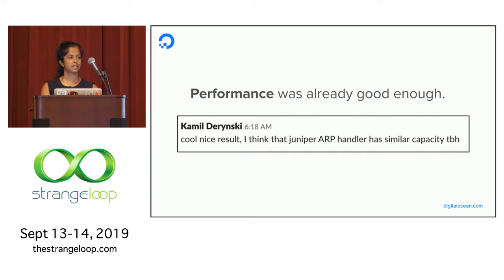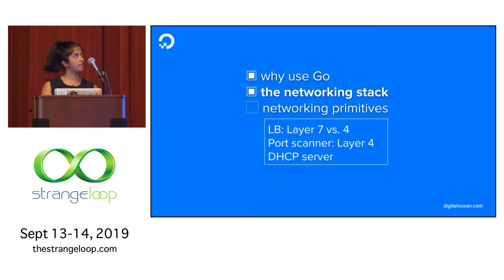And so we didn't really need more performance. In fact, we would actually be handling and throttling that traffic before it ever even hit our service due to the fact that it would be abusive if it ever got to that level. So that's why we use Go at DigitalOcean.